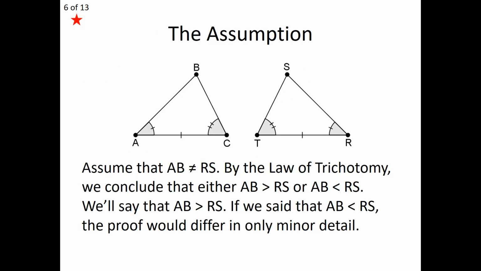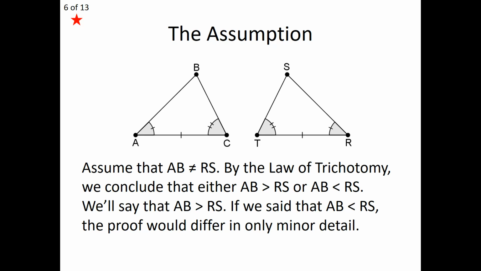Here are our two triangles, triangle ABC and triangle RST. If we pick a pair of sides, say AB and RS, let's assume those two sides are not equal to each other. If AB is not equal to RS, then the law of trichotomy says one of two other things has to happen: either AB is greater than RS or AB is less than RS. For the sake of the proof, we're going to stick with AB is greater than RS, which means we've assumed AB's length is longer than the length of RS.